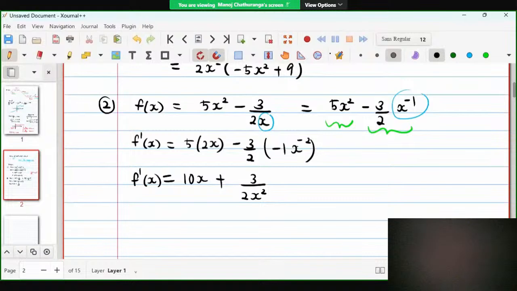Some people got this sign wrong. Some people got minus for this plus sign, and instead of this plus the negative 2, some people got plus 2. So you have to have everything correct. If you got a minus sign, that means the answer is completely wrong.